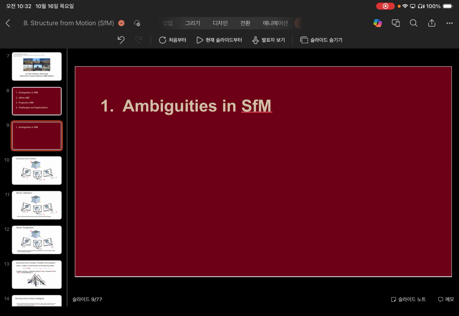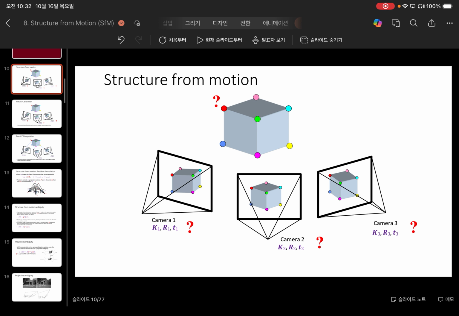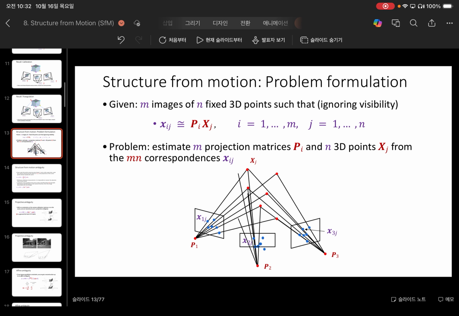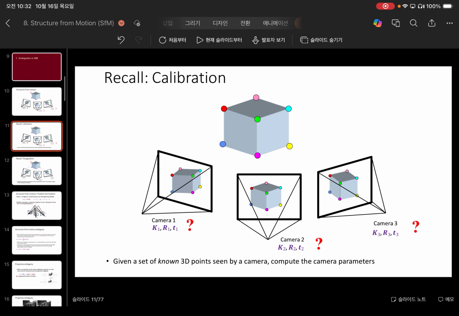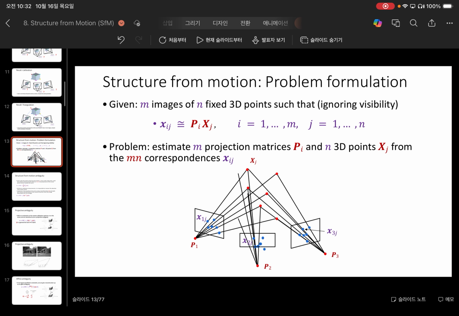And we learned that there are ambiguities in structure from motion. Because we do not have 3D measurement, that makes all the ambiguity. In addition, we do not have enough observation, as we are trying to get P and X, camera parameters and 3D points, at the same time from only 2D observation.